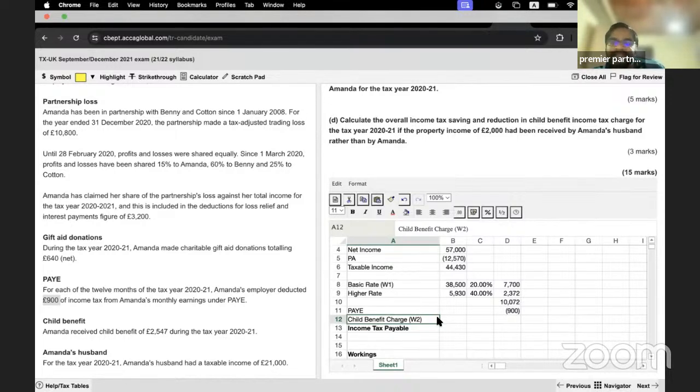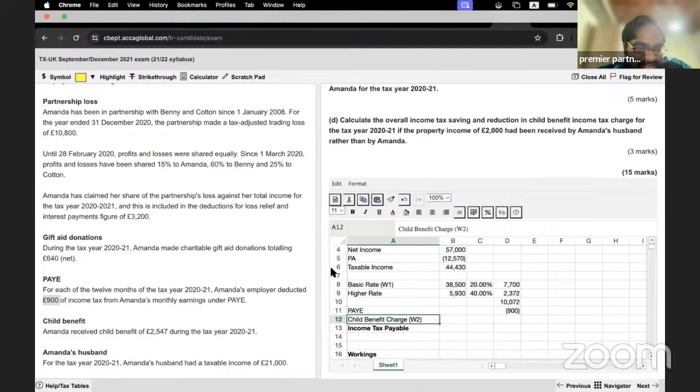That is why I did not spend time on doing a working for the higher rate band extending. So for the exam, no, it's not necessary unless you are going beyond the higher rate band. If you are going beyond that, yes, then you have to extend the higher rate band.